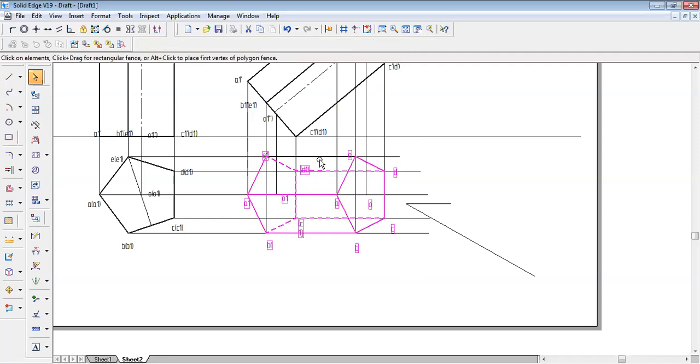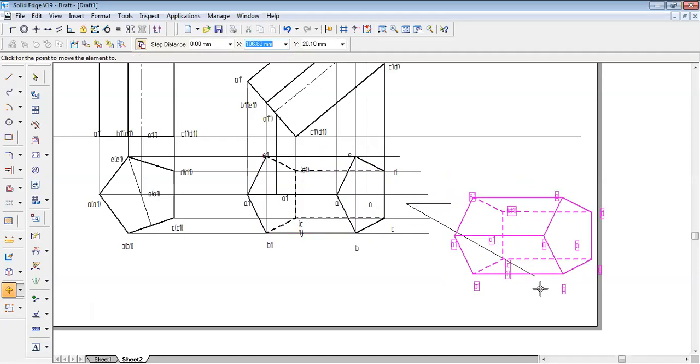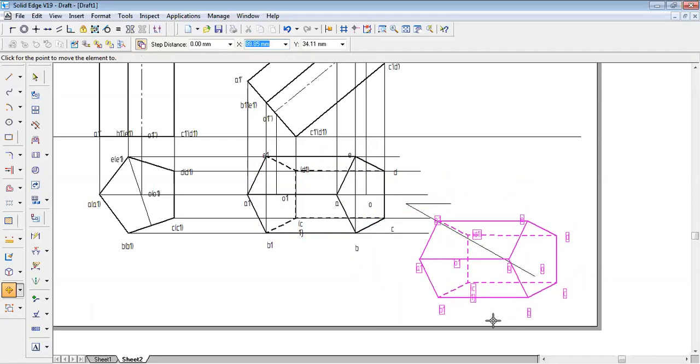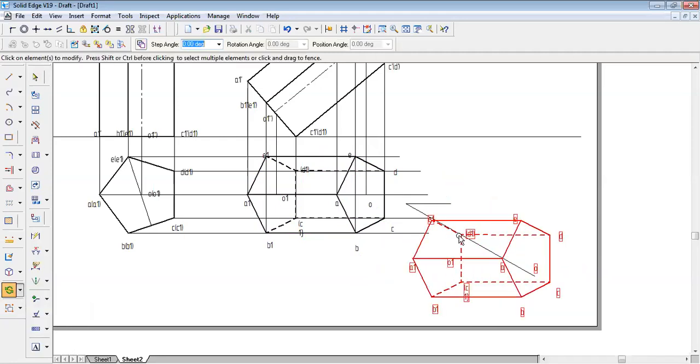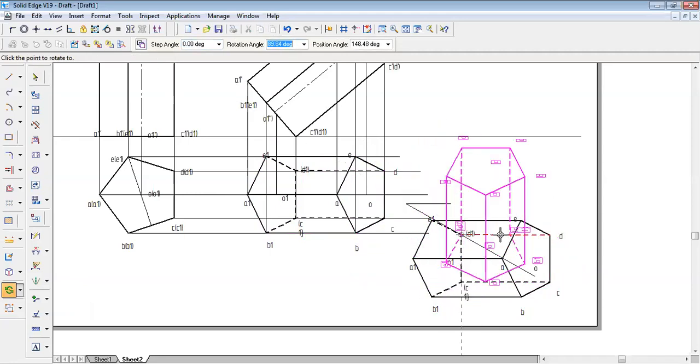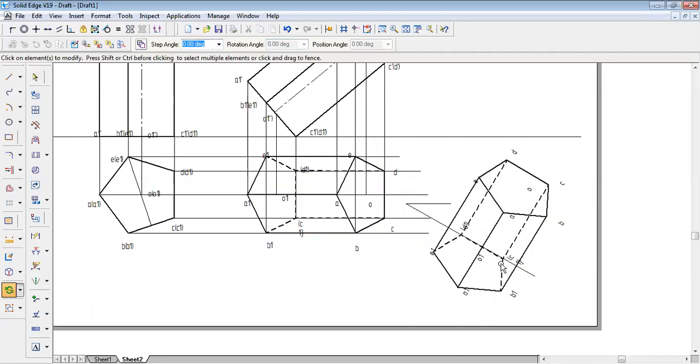Then move this one to here. The base edge, that is C1 D1, should be on that line. Place it like this, then rotate this one with respect to this point. The base side C1 D1 should be on that line.